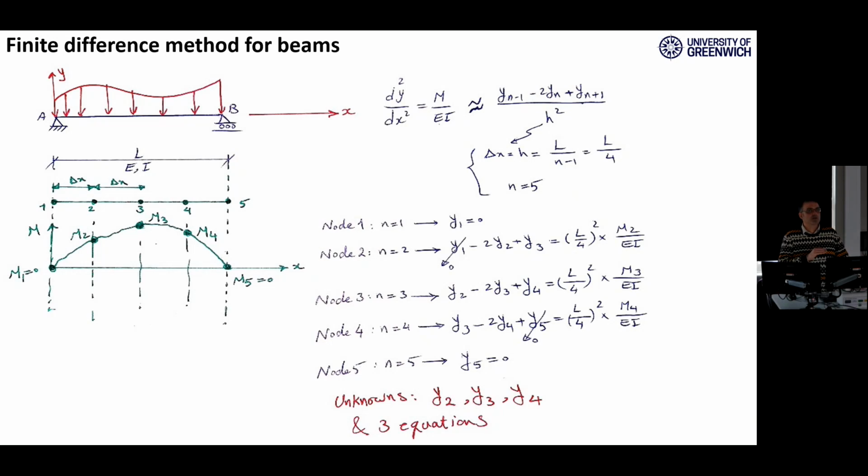So if you have y1, 2, 3, 4, 5, you can draw the y function with 5 points. Obviously, if you had divided the beam with n equal to 10 or 20, you would have 20 points to draw your function, right? The more points you get in the first place, the more precision you will have when you draw the final y function, right?